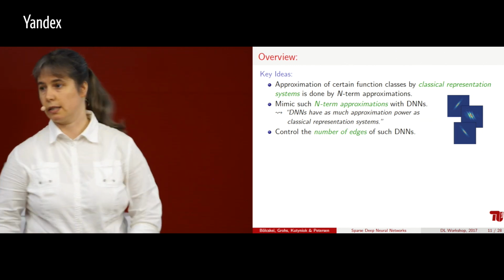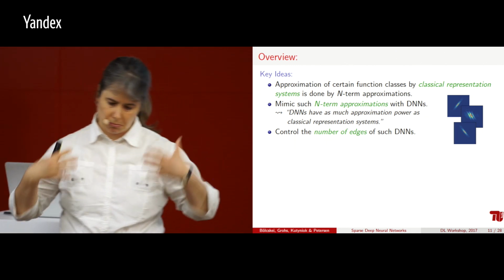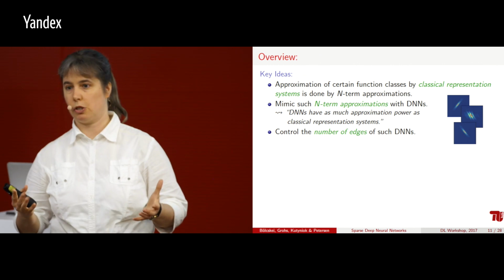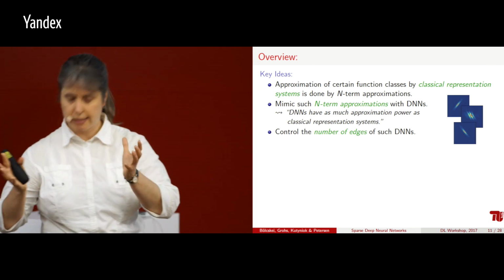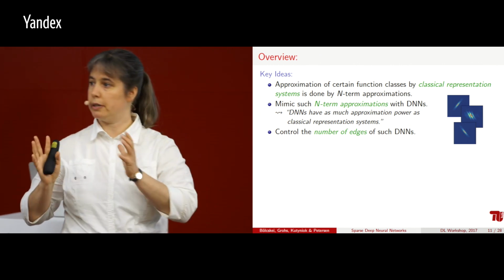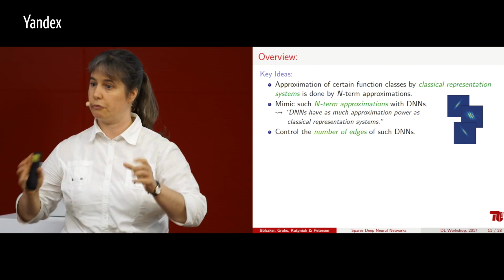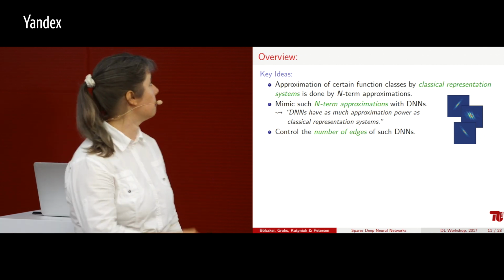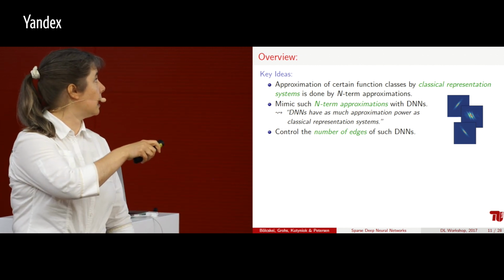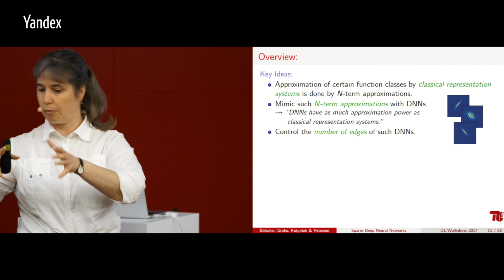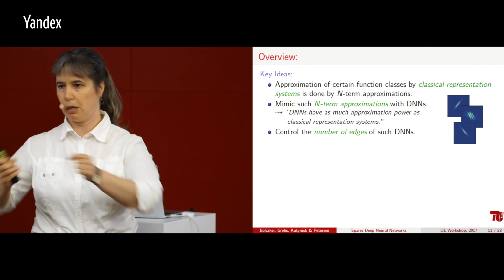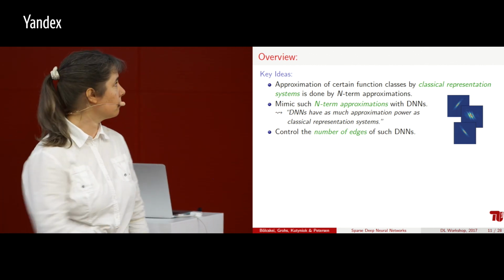So what are the key ideas? The key idea is, in, let's say, function approximation, we have a rich set of methods to approximate such functions with representation systems, like Gabor wavelets, Gabor systems, and so on. And this is typically done by looking at linear combinations of those elements, maybe n of those.